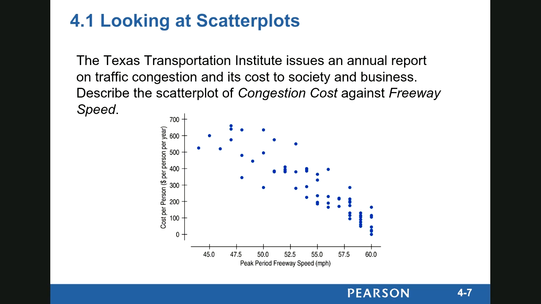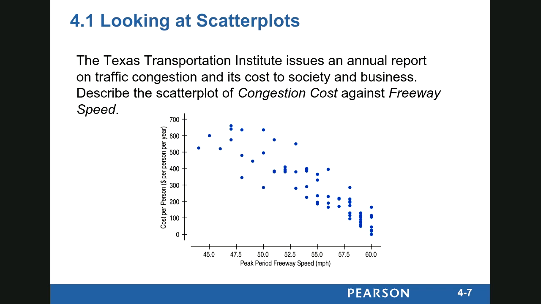Now, before we talk about the scatter plot, I'm going to ask you, what has cost per person got to do with congestion cost? So freeway speed, we understand. That's the x-axis. Peak times freeway speed, we get it. That's easy to get.